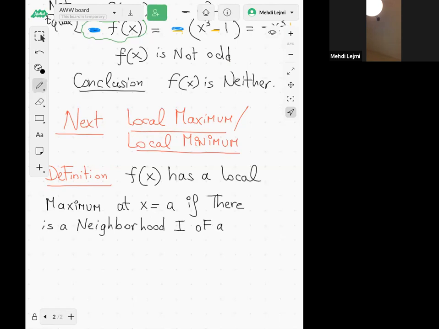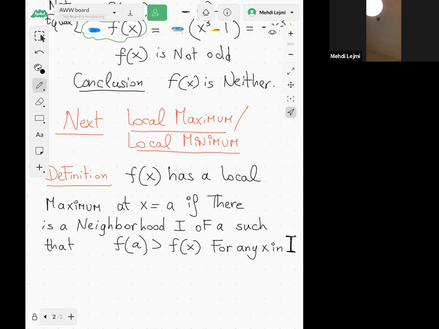So this is a neighborhood of a. a is your input x, so x is equal to a. So we have a neighborhood of a that says that f of a would be larger or equal than f of x for any x in neighborhood I of a.